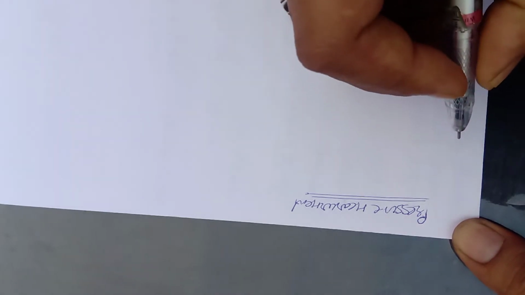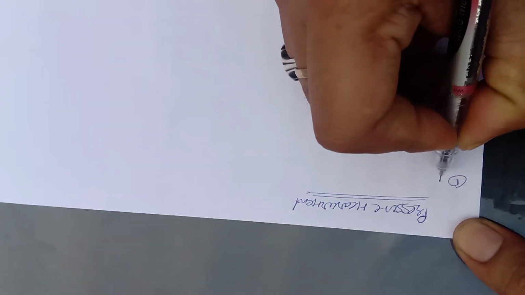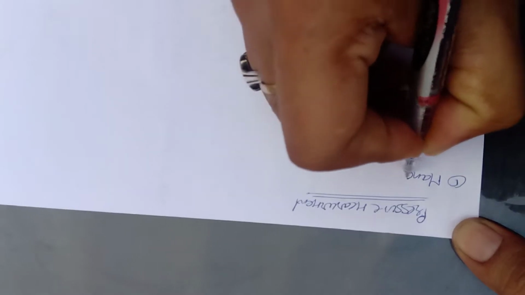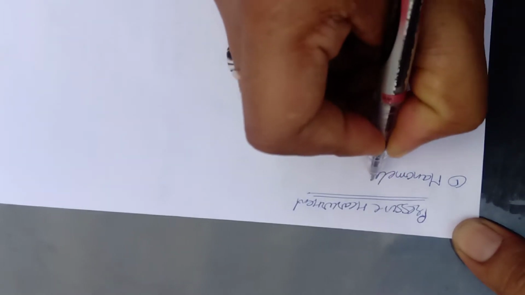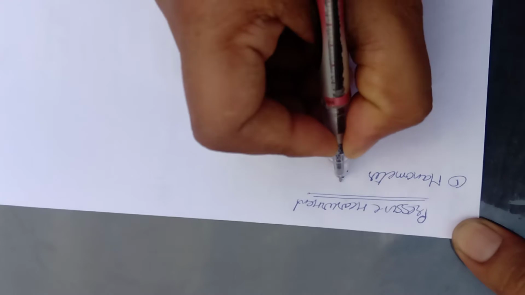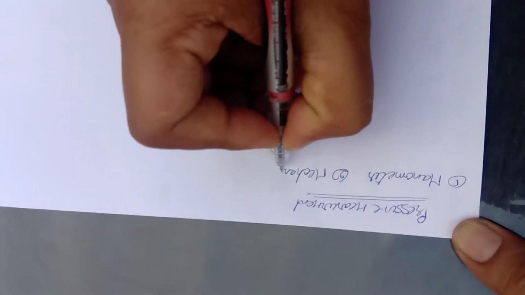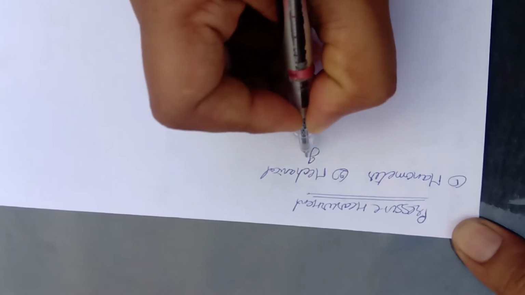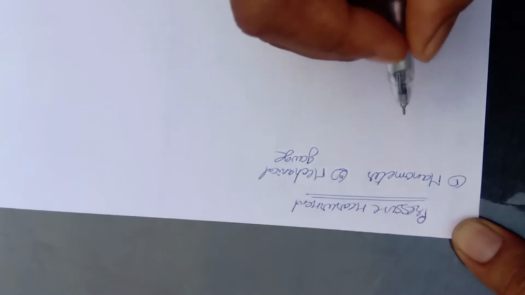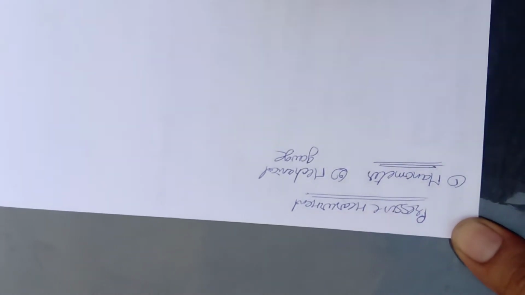First one is called a manometer and the second one is a mechanical gauge. Out of these two we would be learning more about manometers.